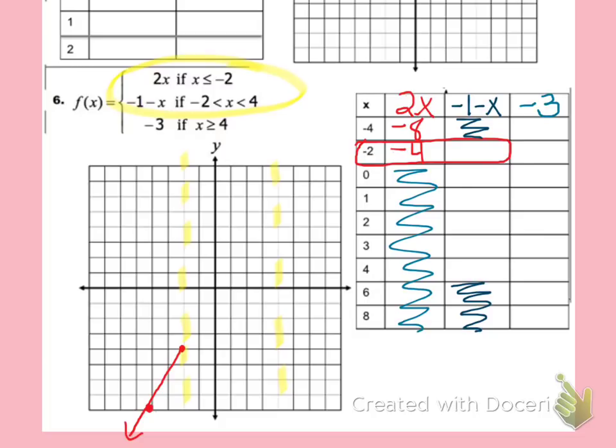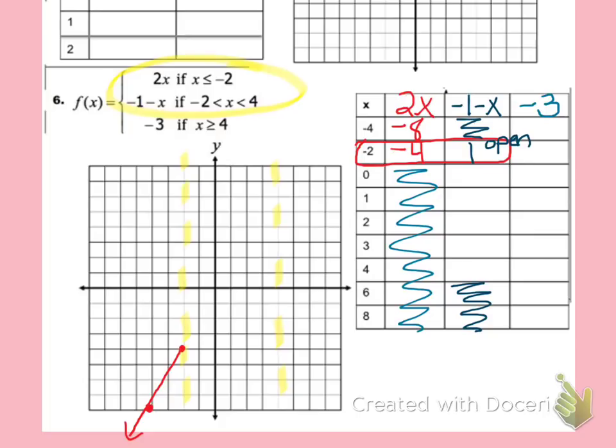So if I substitute in -2, I'm going to put an open dot on that one because this one has a less than sign, so technically -2 is not in the interval, but if I don't want to have a big gap or a hole in my graph, I'm going to substitute in -2 and draw an open dot there, and then just say this graph starts exactly right after that when x is a little bit bigger than -2. So substituting in -2 there would give me -1 minus -2, which would make a +1.